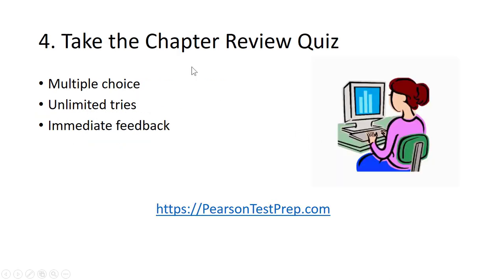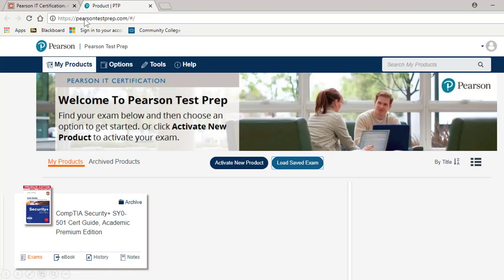And then the last thing to do is you take the multiple choice online review quiz. That is available at pearsontestprep.com. So if you go to pearsontestprep.com, and assuming you have already logged on and you've already activated your product, to run the review quiz, you go to the bottom left where it says exams. I call them review quizzes, but it says exams right here.